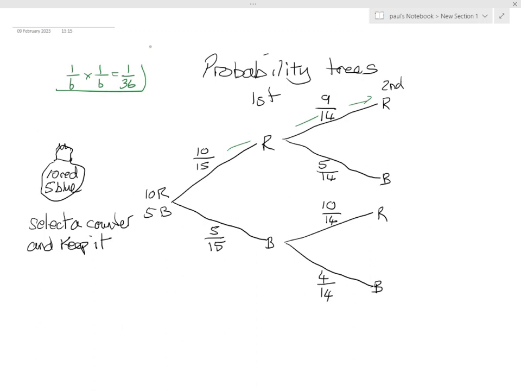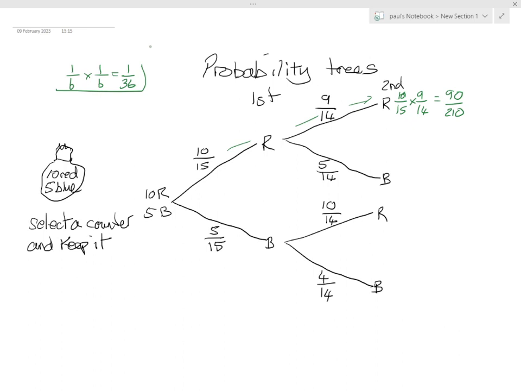So we've got 10 over 15 times 9 over 14, and that will equal 90 over 210. So red followed by red is 90 over 210.